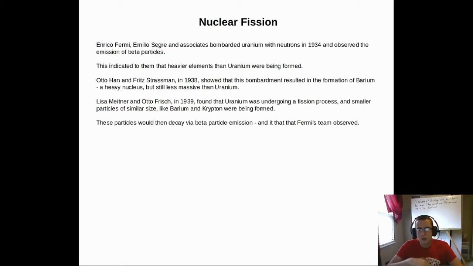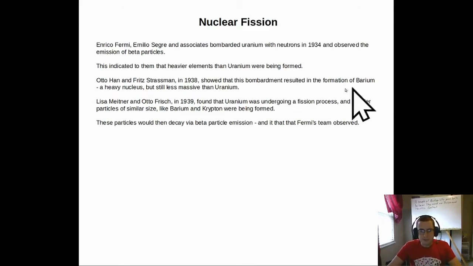They were bombarding uranium with neutrons, and they saw that beta particles were coming off of it. Initially they figured that's because uranium turns into neptunium, which then turns into plutonium. But when they did the analysis, they found that barium was being formed, which is still a big atom, but a lot smaller than uranium.